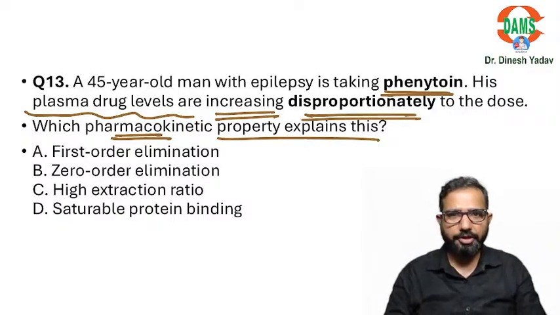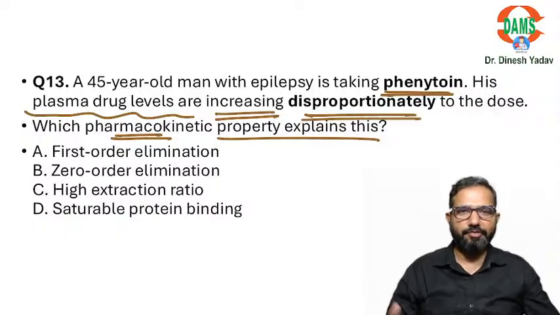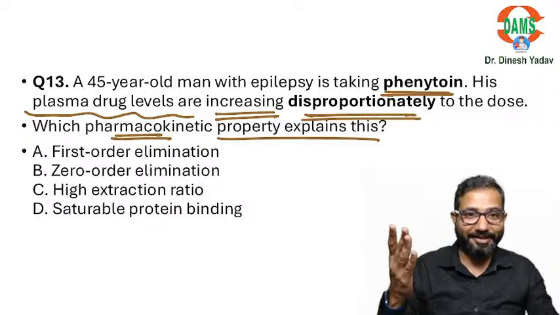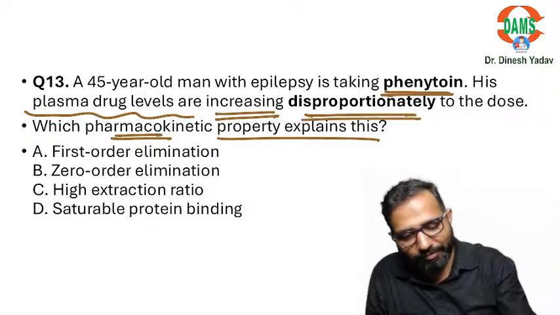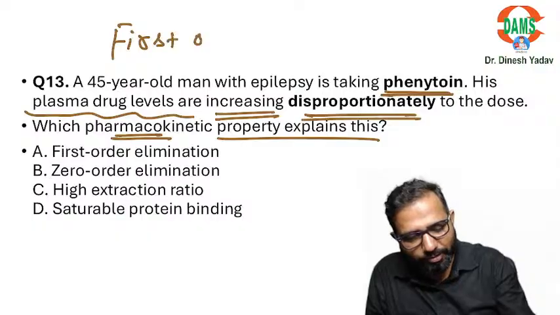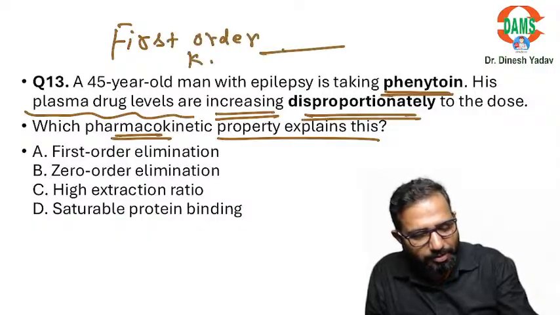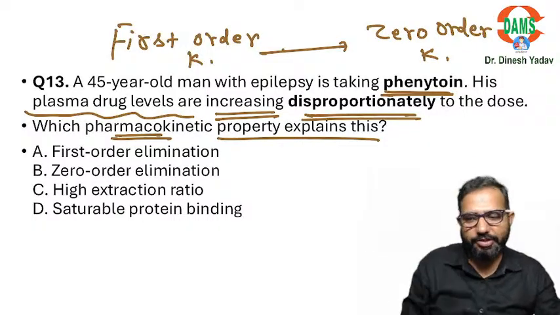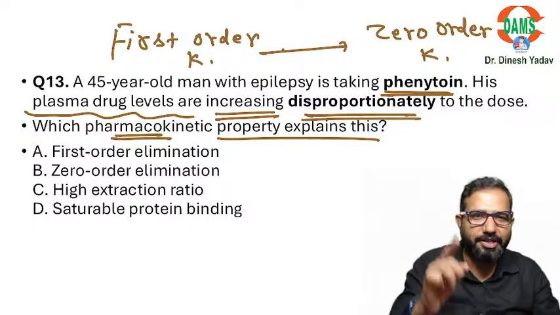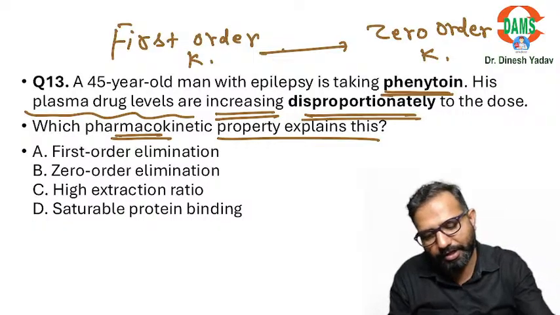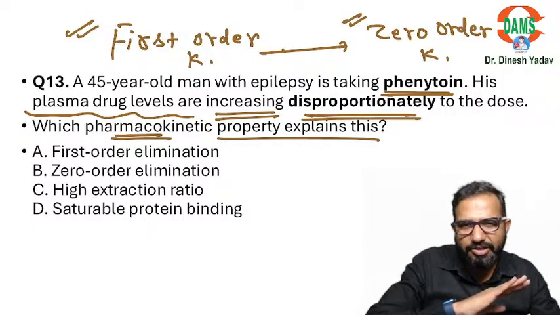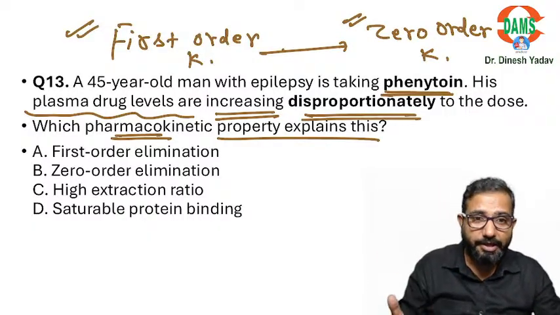Okay, guys. So why is the plasma level increasing disproportionately? Because in first order kinetics, it is not increasing disproportionately. So phenytoin goes from first order kinetics to zero order kinetics at high dose, and suddenly you will see the plasma level increase disproportionately because of the slow elimination in zero order kinetics. In first order kinetics, the elimination depends on the fraction, but in zero order kinetics, the elimination rate is constant.